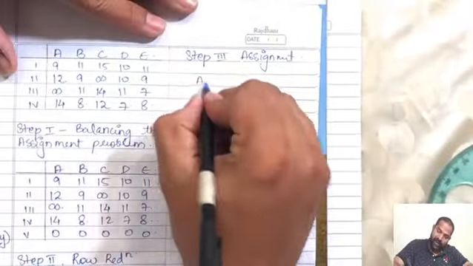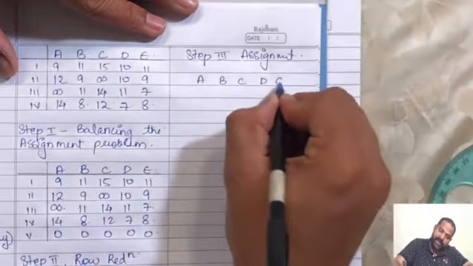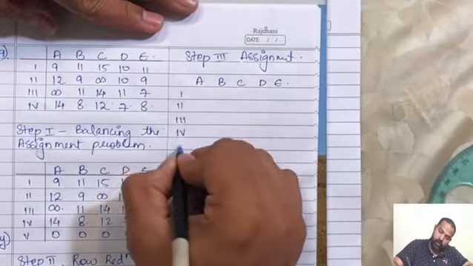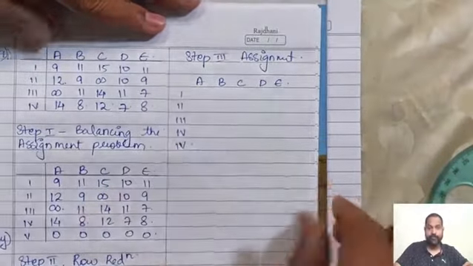What do I have? Well, I have A, B, C, D, E and 1, 2, 3, 4, 5.